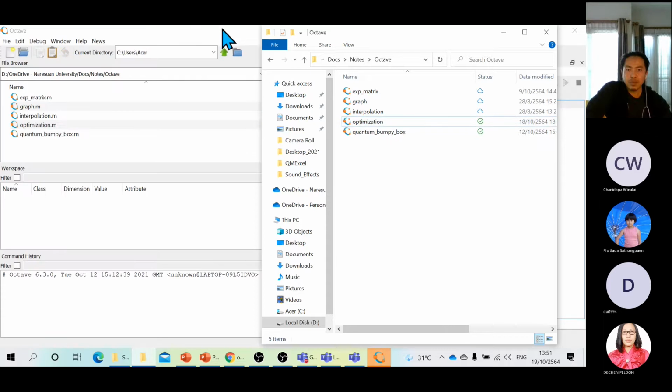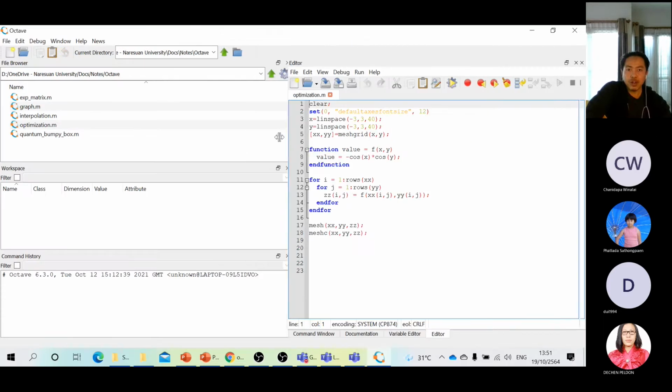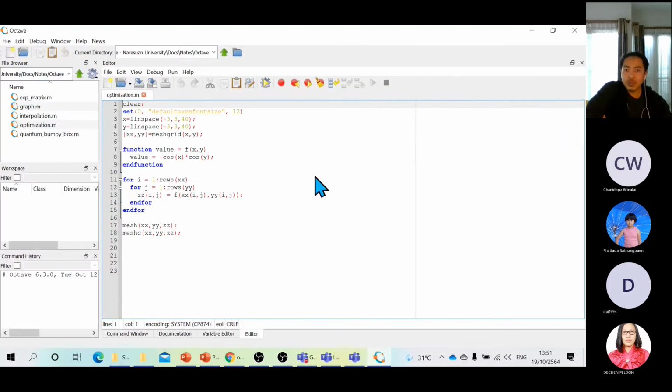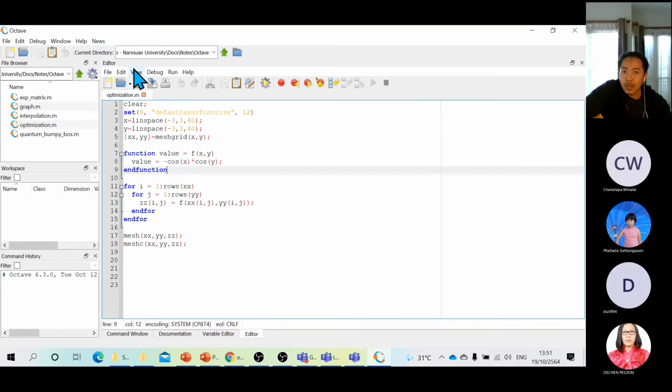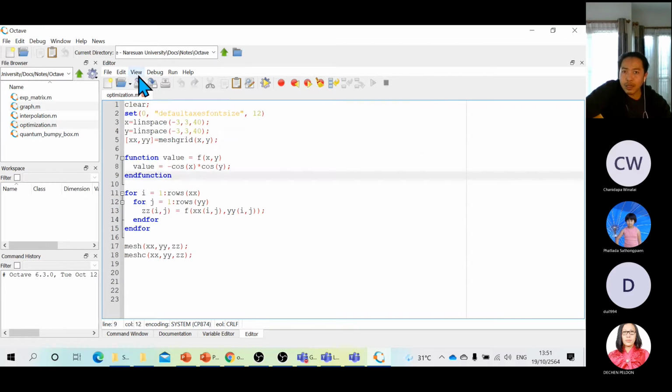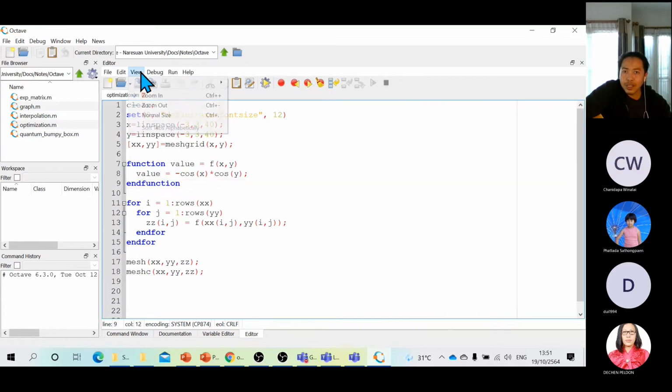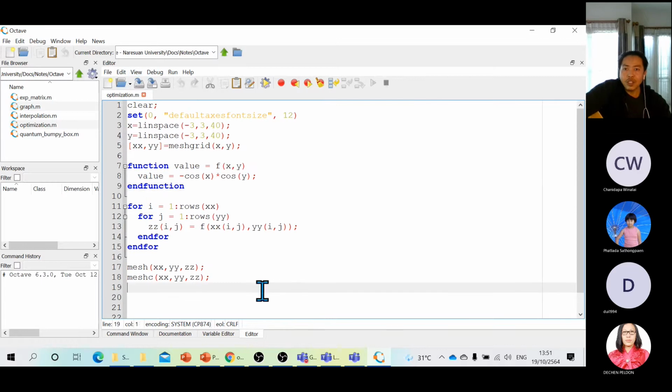easily, because it is usually very small. How do I zoom in with Octave so that you can see? Let's try it again. Zoom in again, again, and zoom in. There you go. So that is the code for Octave. You should try it.